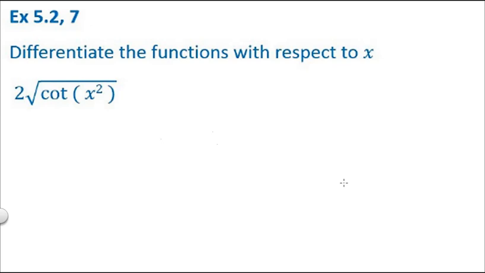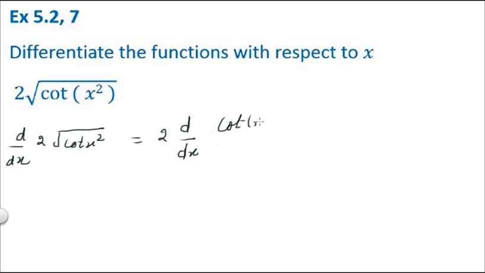In this question, we have to differentiate the function with respect to x, and the function given is 2 into under root of cot of x square. So 2 being a constant can be taken out. So 2 into d by dx of under root of cot of x square means the power of this function is half.